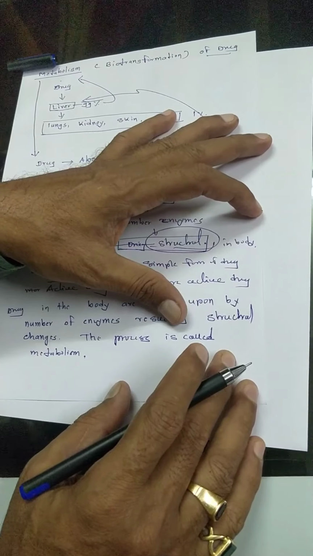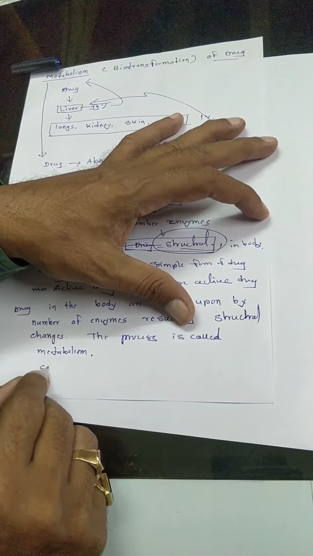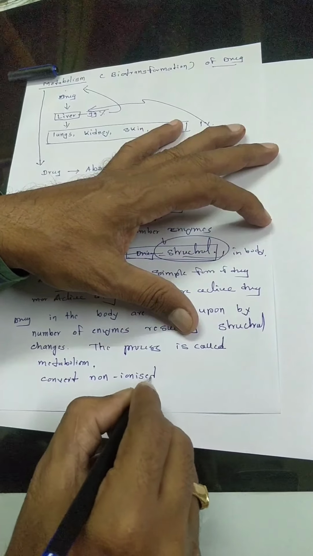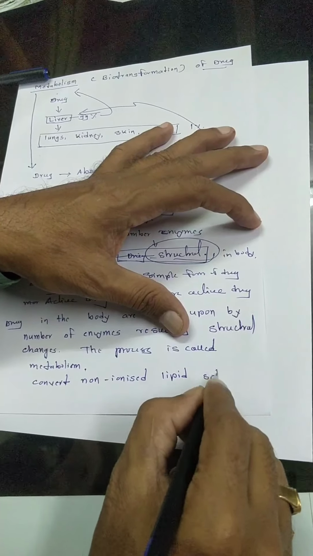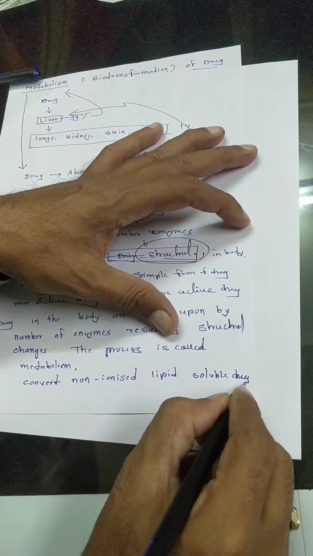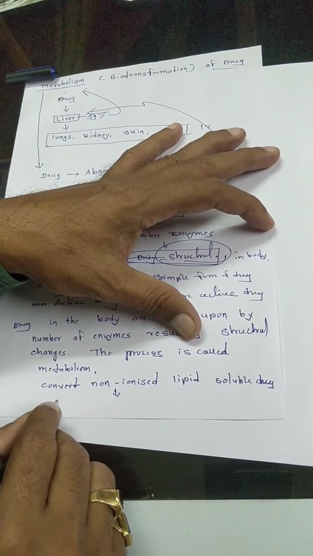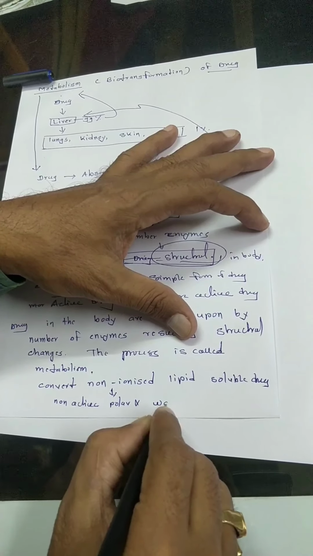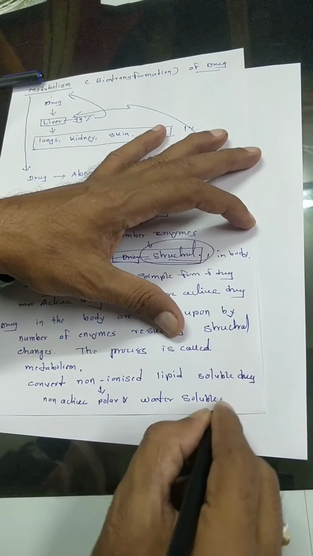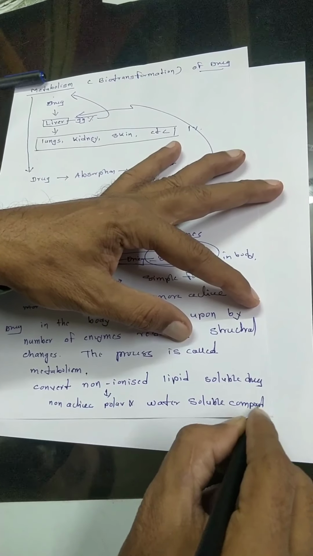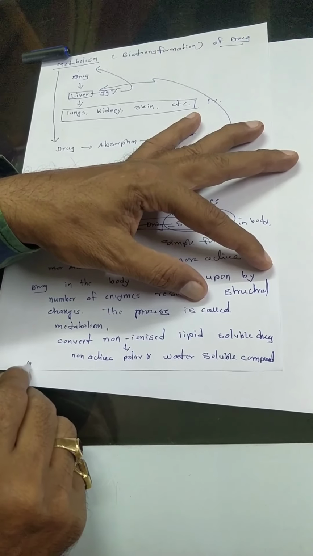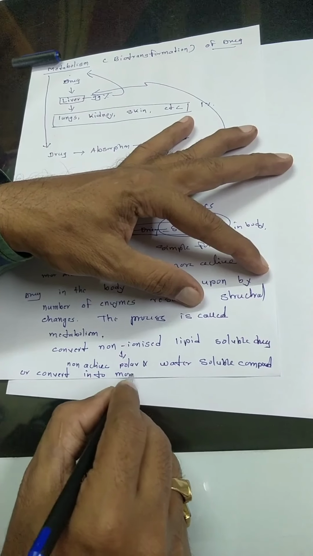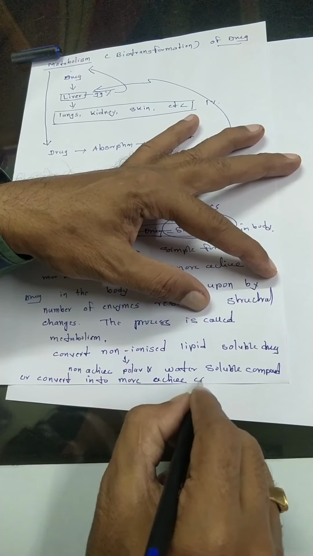Now the important function of metabolism is to convert non-ionized, lipid soluble drugs into non-active, polar and water soluble compounds, or to convert them into more active compounds.